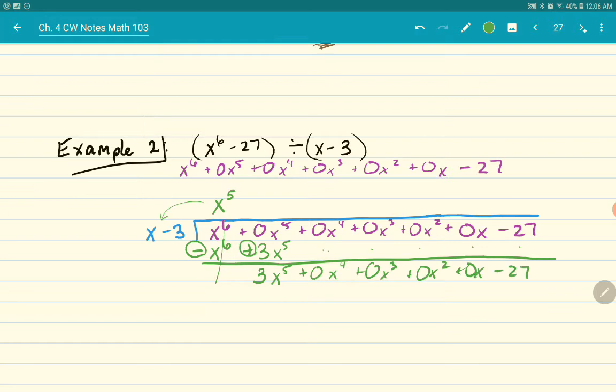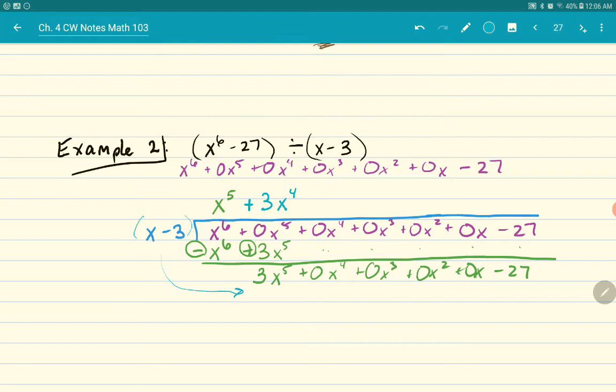All right, now to my next term. I say what times x will give me 3x to the 5th. And the answer to that is a positive 3x to the 4th. So I'm going to multiply 3x to the 4th times x minus 3 and put that answer over here.